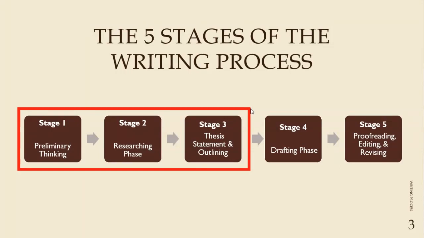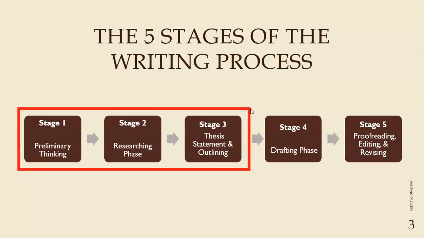Everything is just in your head at this point, right? There's no practical plan, there's no thesis statement, nothing like that. Stage 2 is the researching phase, which we're going to talk a lot about in this PowerPoint. Stage 3 is the thesis statement and the outlining, which is arguably the most important part of your entire essay.